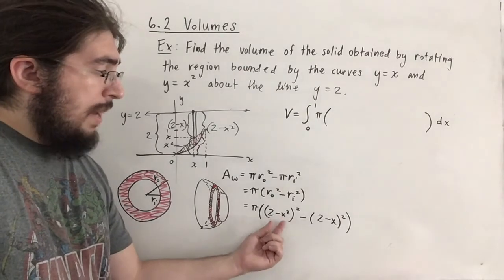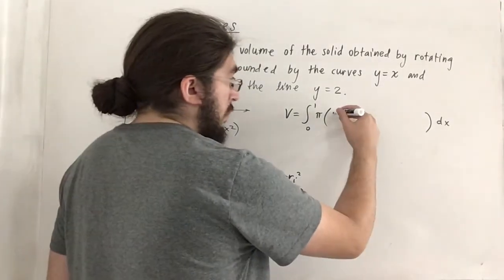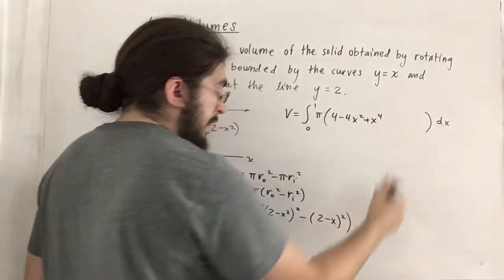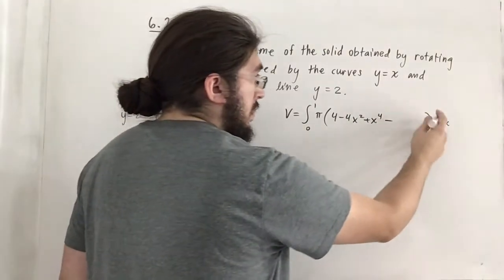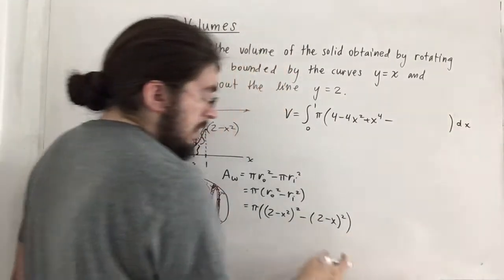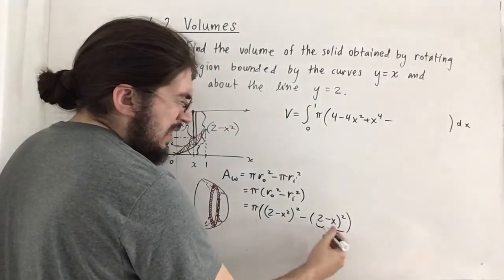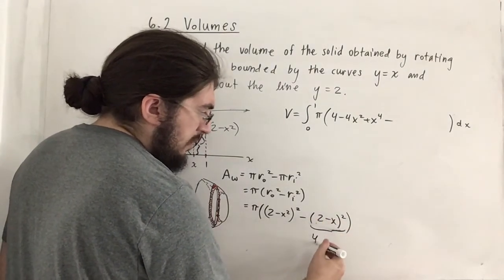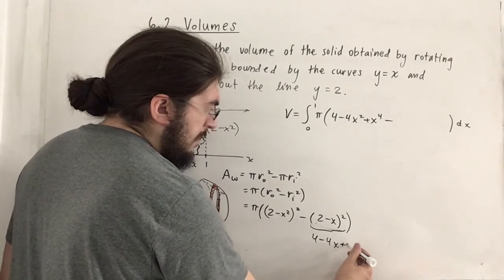So that's going to be 4 minus 4x squared plus x to the 4th minus this, so I need a little more space actually. And this, of course, is going to be 4 minus 4x plus x squared.